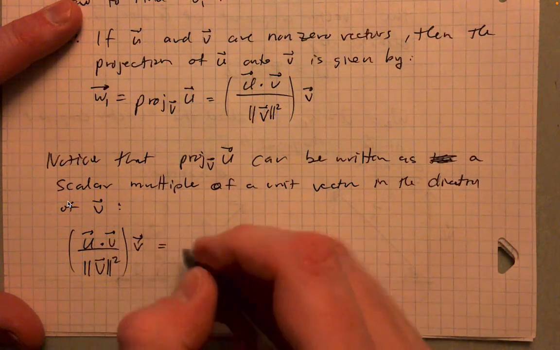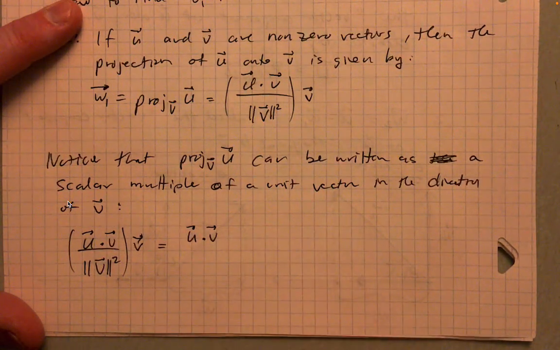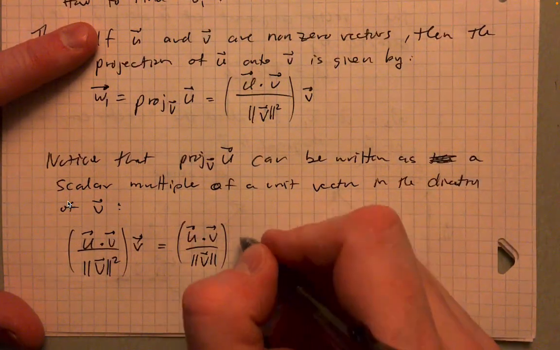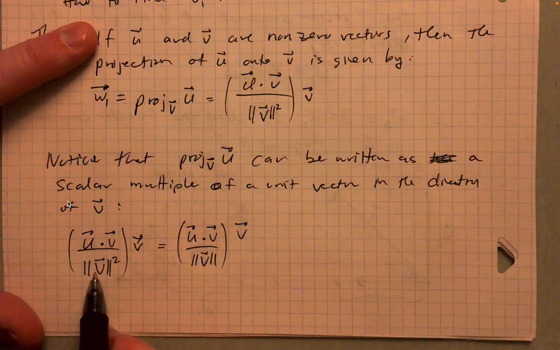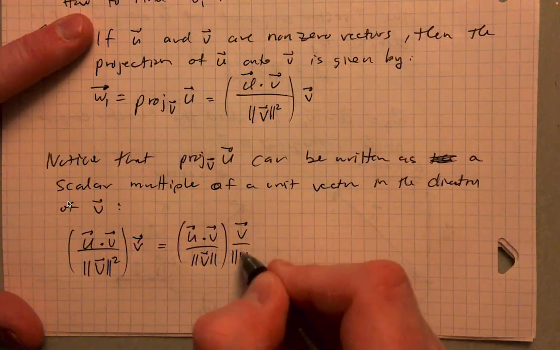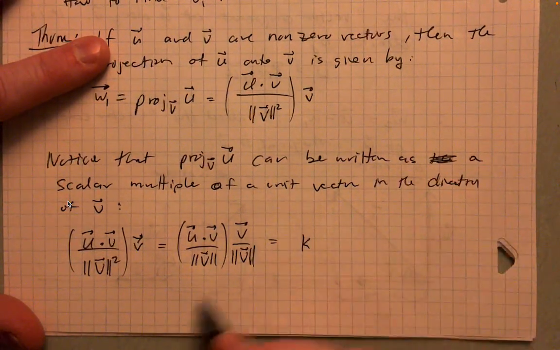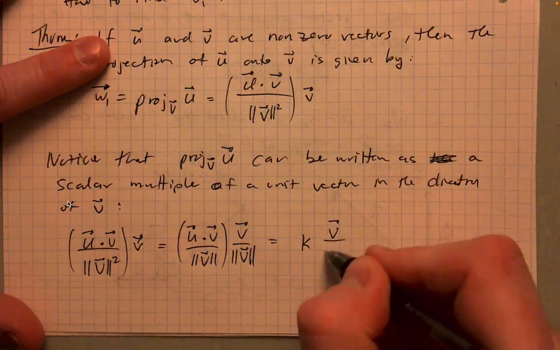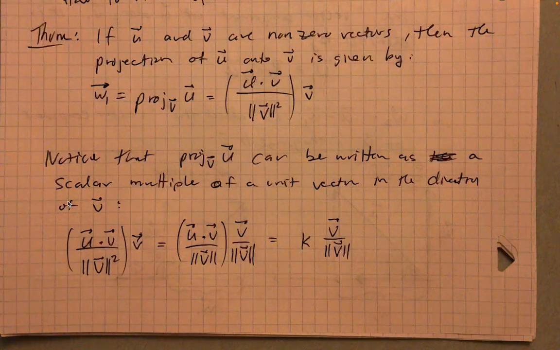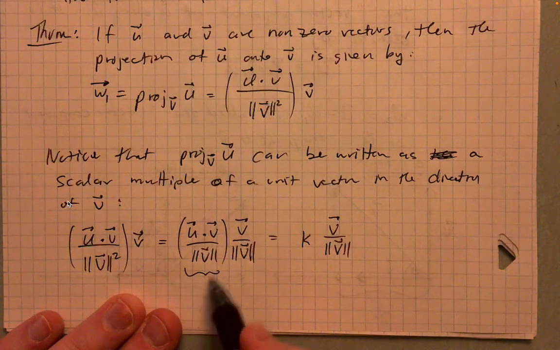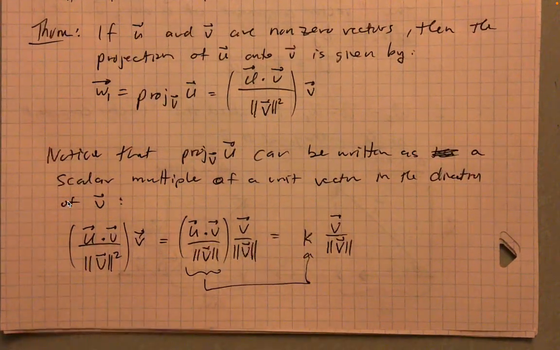And so we would say that's equal to U dot V over the norm of V. Okay. Right, and then you can take one of those out instead of norm of V squared. Just have one of them there. Right, there you go. And so that's equal to K times V over the norm of V. Right, so here's this constant K times this unit vector in the direction of V. All right.